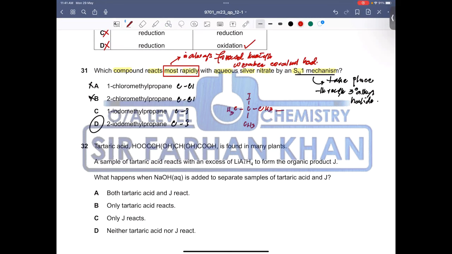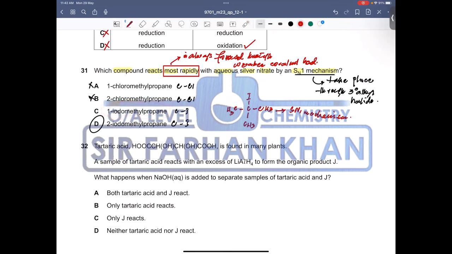This follows the SN1 mechanism because it is a tertiary alkyl halide, which is why D is going to be the right answer.